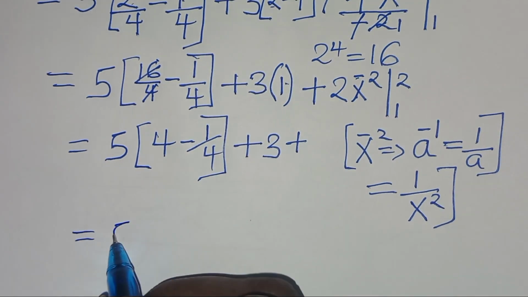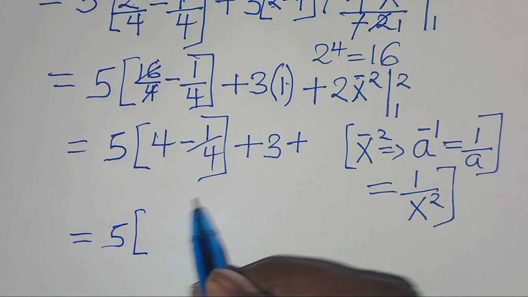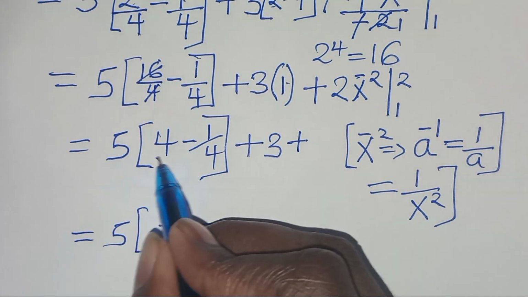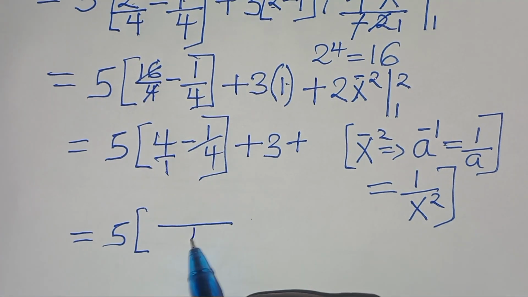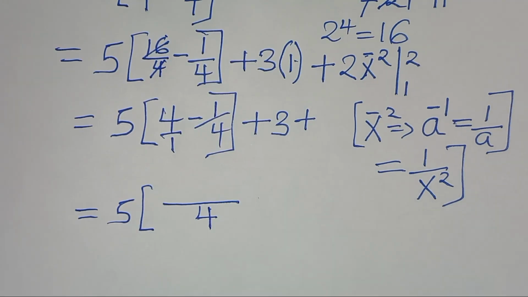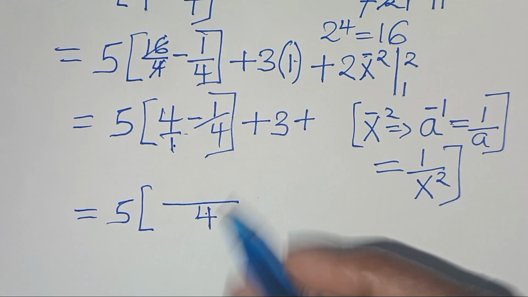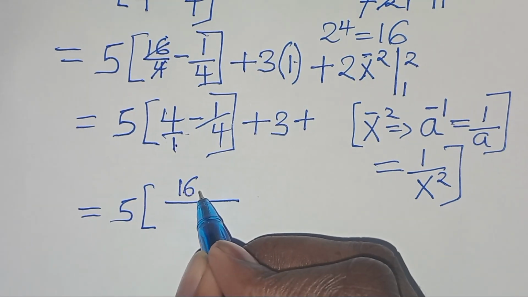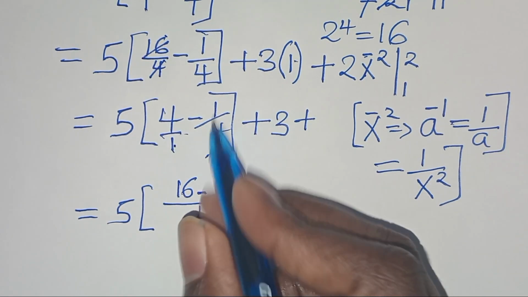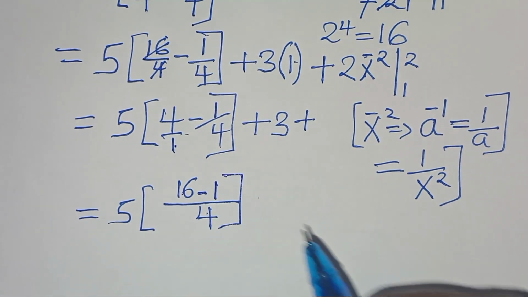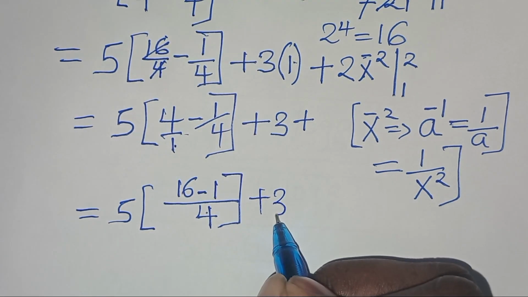Here we have 5 into the parentheses. The LCM here, 4 is our whole number, so this is over 1. So the LCM here is 4. We have 4 divided by 1, which is 4 times 4. This is 16. Subtract 4 divided by 4 is 1 times 1. This is 1. Close the bracket there. Then plus 3.